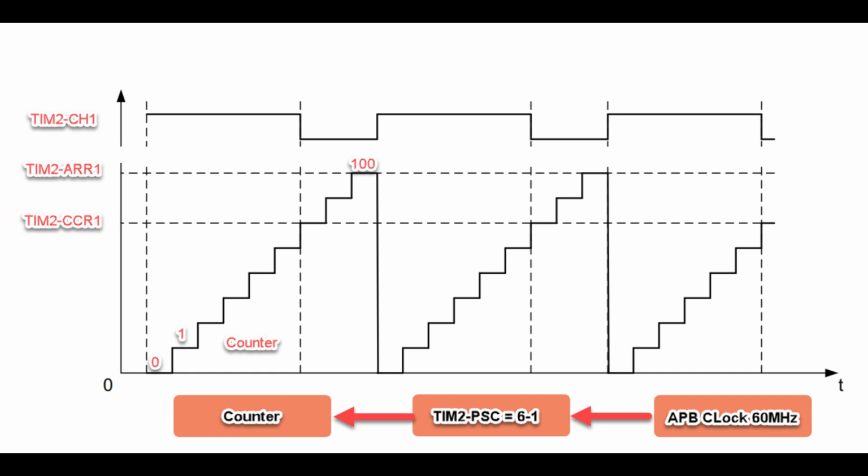The counter starts from 0 and goes 1, 2, 3, 4, and when it comes to 30, which is the capture compare register value, you see the TIM2 channel 1 output goes from the high level to the low level, having the level low for the remainder of the pulse until we get to 100 in the counter, where we reset and start a new sequence again. So by changing the CCR register, we can change the pulse duty cycle from 0 to 100%.